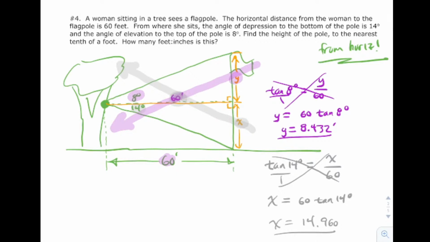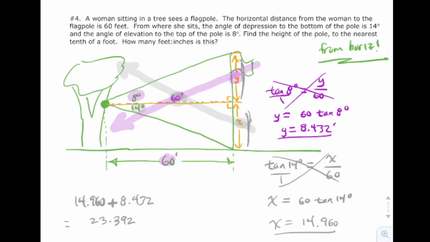So my x is right here, 14.960. Add on the y, which we already solved, was 8.432. And we got a height of the flagpole: 14.960 plus 8.432 is 23.392.